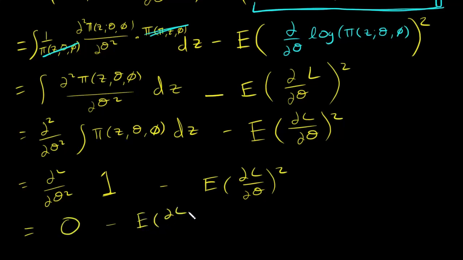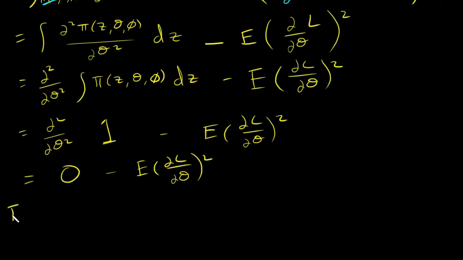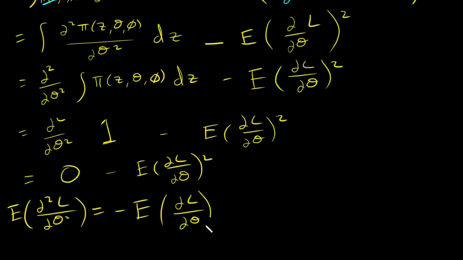And here we go. We're at the end, where I've shown that the expected value of the second derivative of the log likelihood function with regards to theta equals the negative expected value of the log likelihood derivative squared. And that is what equation 2 says.